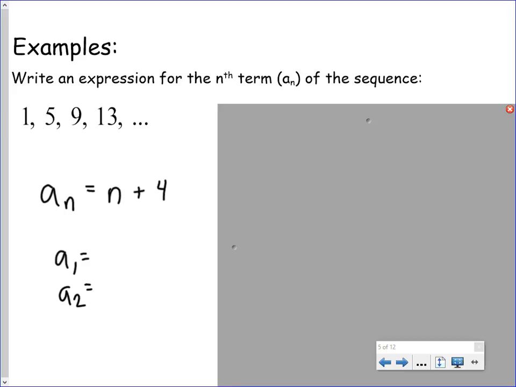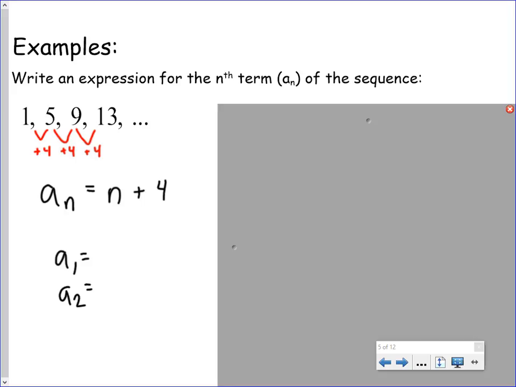So I stressed the idea of first recognizing the pattern, right? I think that's a pretty normal one for a lot of people to say right away, that it should be N plus 4 because you're adding 4. This is actually, and we'll do it I think on the next slide, called a recursive formula, where in order for this formula to work, I have to use the previous term, right? Like 1 plus 4 is 5. 5 plus 4 is 9. 9 plus 4 is 13.